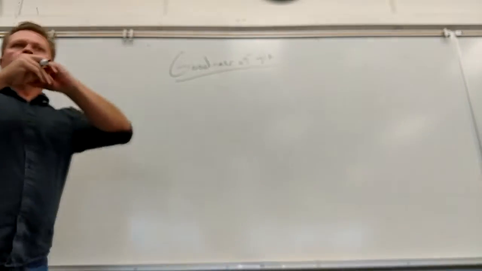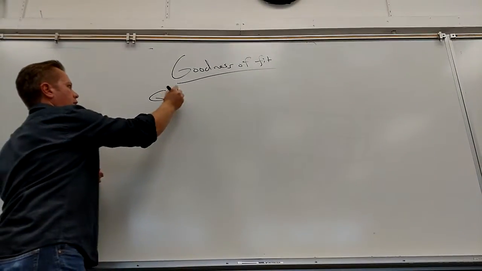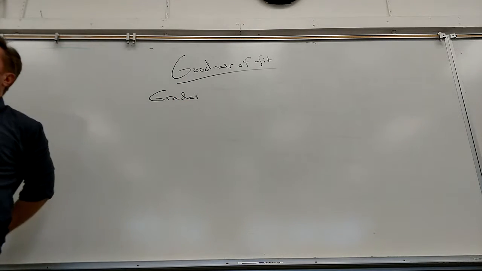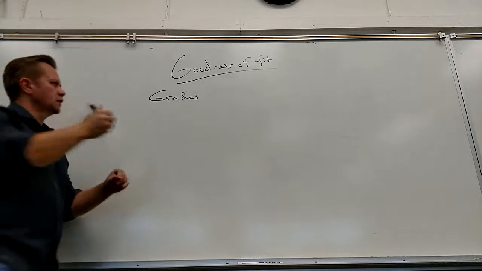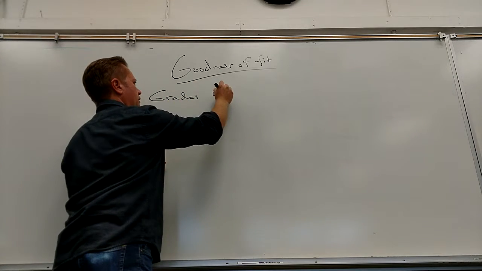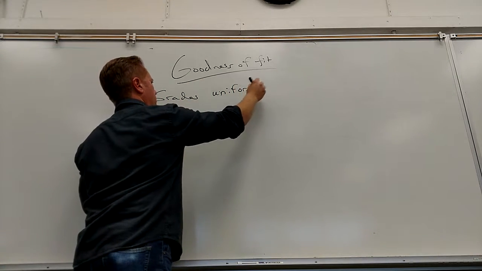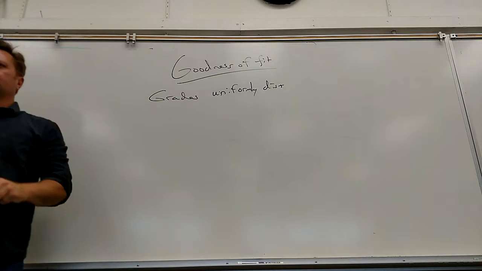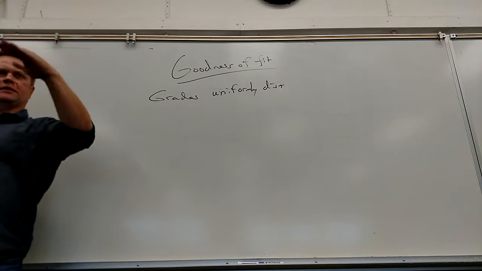So let's say I thought grades should be, this would be silly, but if I thought they had to be uniformly distributed, meaning there should be an equal number of A's, B's, C's, D's, F's.